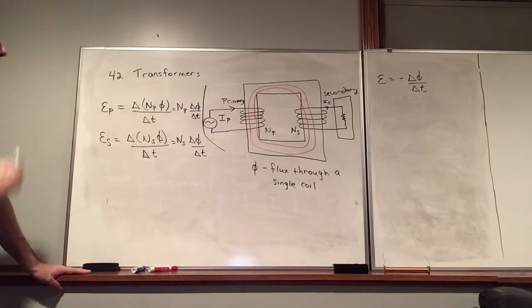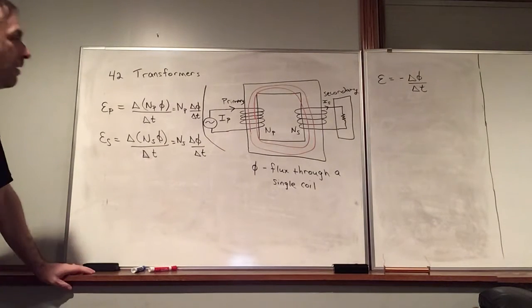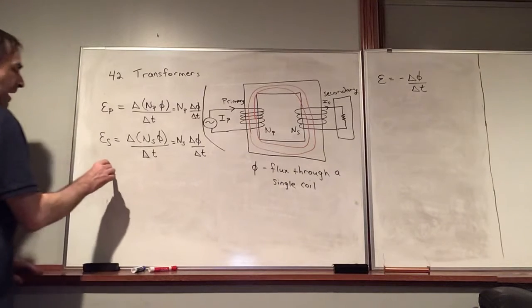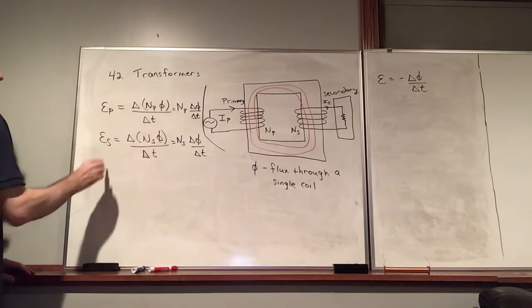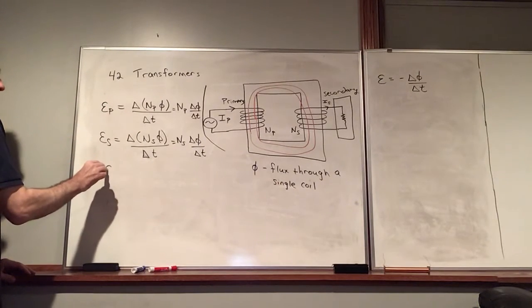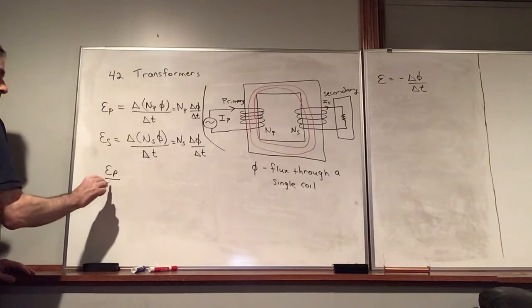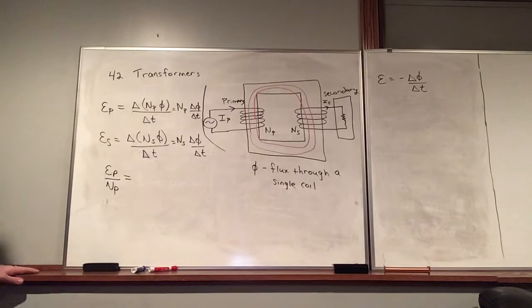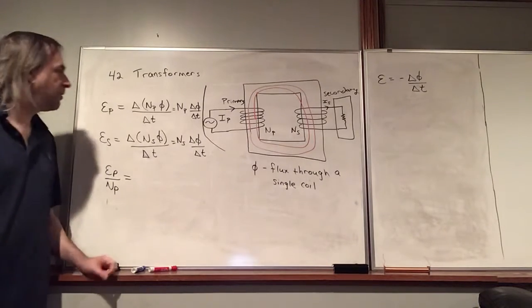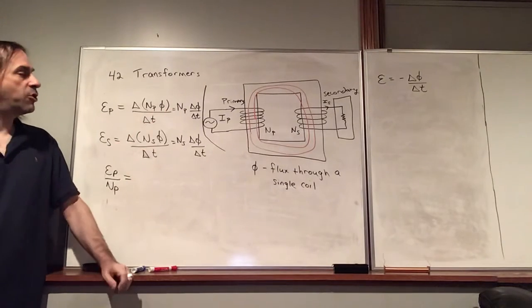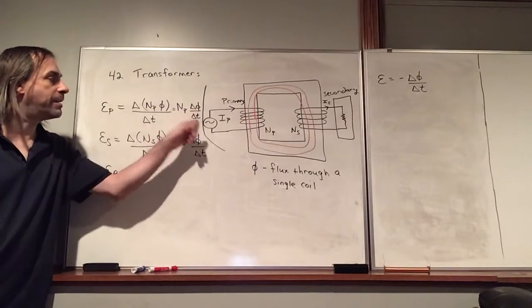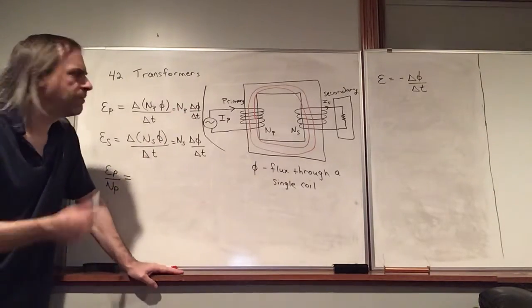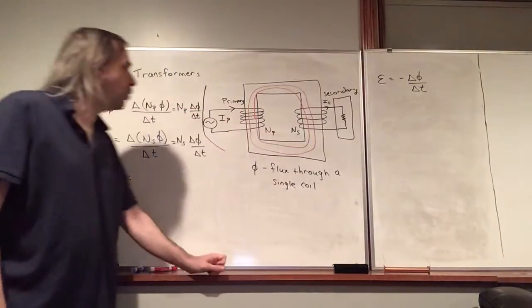Okay, so what I'm going to do now is I'm going to divide the top equation by NP. So if we divide the EMF in the primary coil divided by the number of turns in the primary coil, we get delta phi over delta T, where phi is just the flux through a single loop.